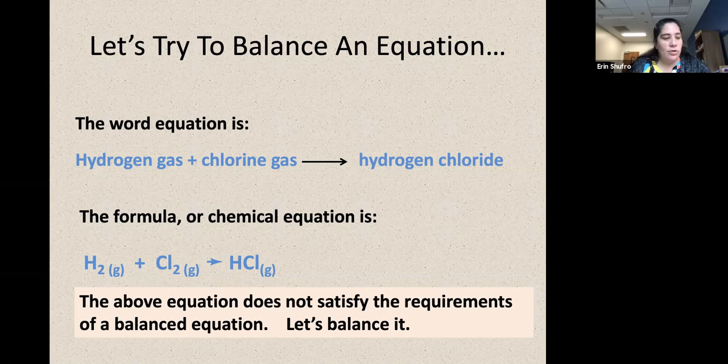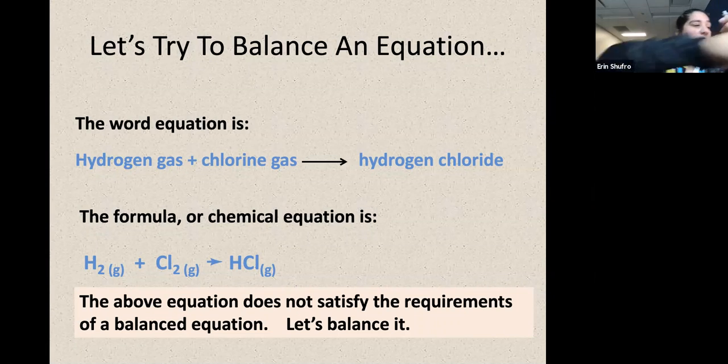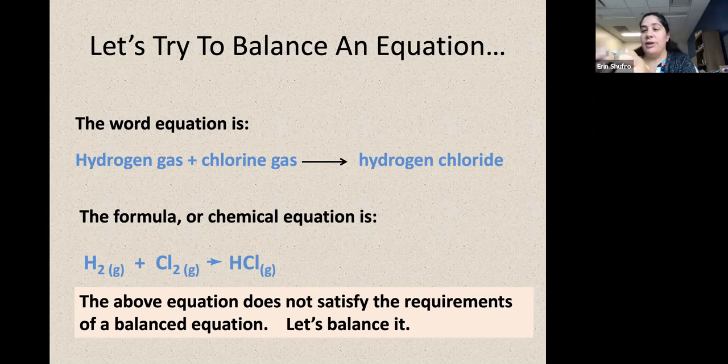So when I broke this pair of hydrogens apart and stuck it onto here, I have a hydrogen left over. Well, that hydrogen needs to be bonded to something, so I need another chlorine over here. I can't go from two hydrogens on the left-hand side to one hydrogen on the right-hand side.